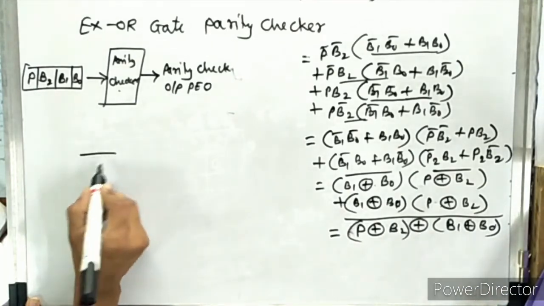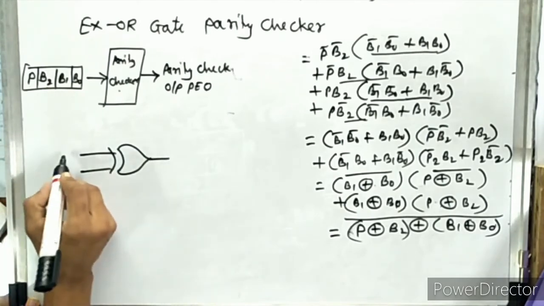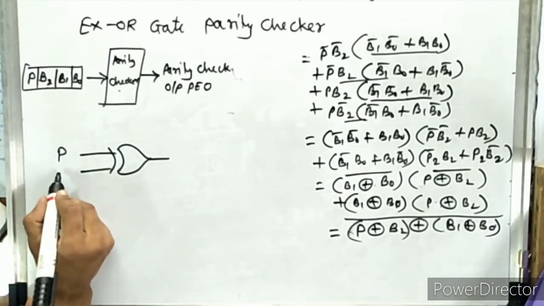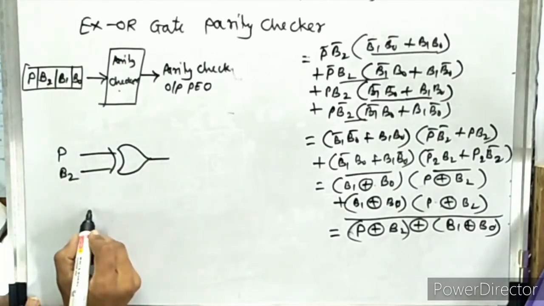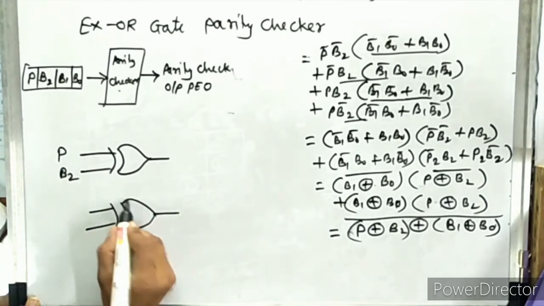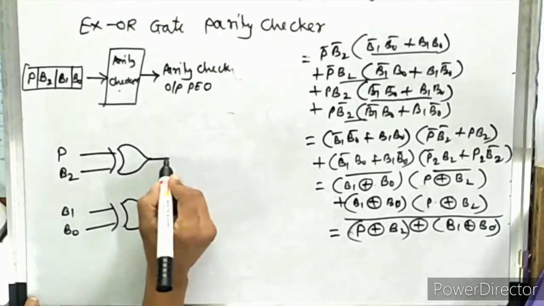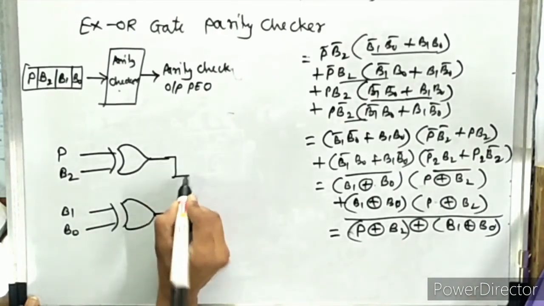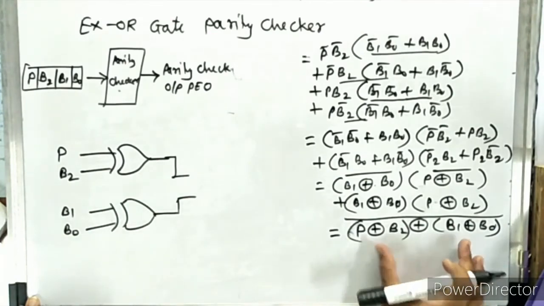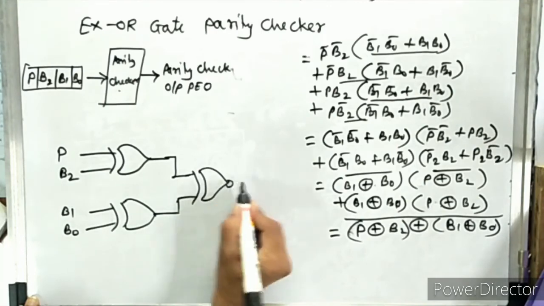So we can draw the circuit as: first XOR gate that will XOR the P and B2, and second XOR gate that will XOR B1 and B0. Now for these two terms we have an XNOR operation, so put here the XNOR gate.